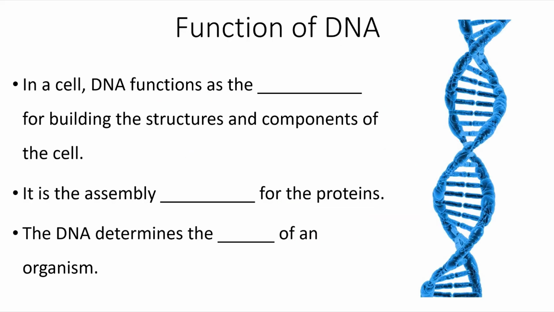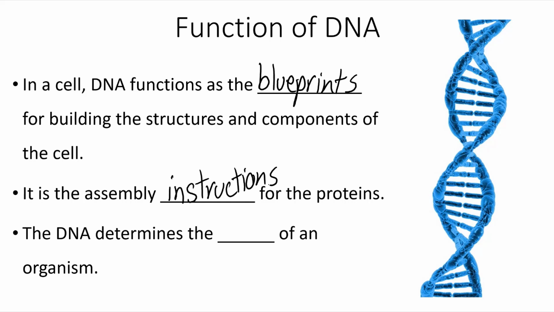But when we look at these molecules within the cell, DNA functions as the blueprints for building the structures and components of the cell. It is the assembly instructions for the proteins. The DNA determines the traits of an organism.